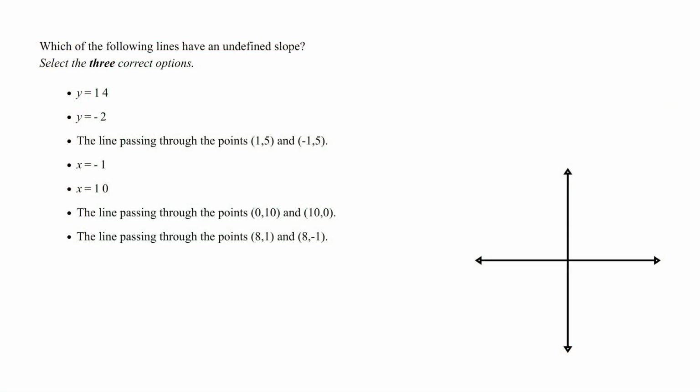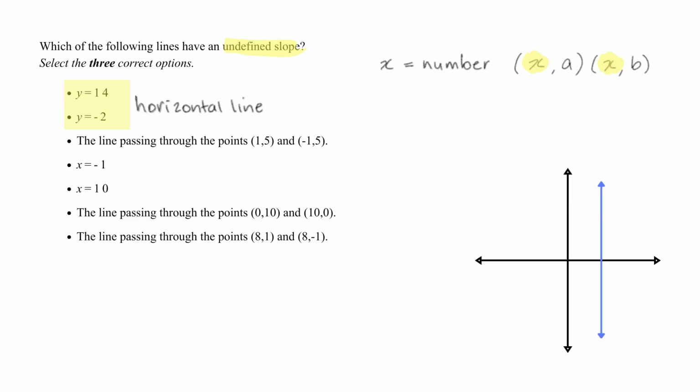When we talk about an undefined slope, immediately think of a vertical line. The fastest way to spot an undefined slope is to look for an equation with no y value. It will look like x equals number, or in coordinate form, the x values in both points will be the exact same. Looking at our options, the first two options are not correct because a y value represents a horizontal line and not a vertical line.